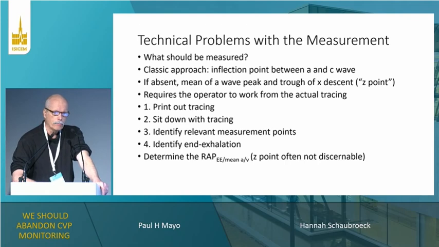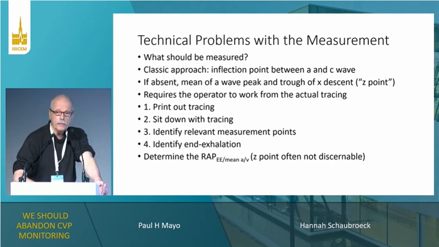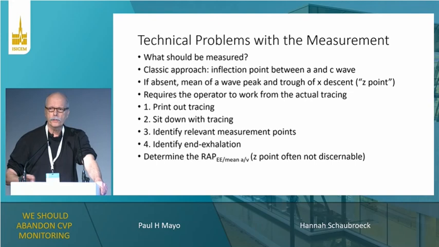This was done by printing out a tracing, sitting down with the tracing, and identifying the relevant measurement point, including end exhalation. The report was required to determine the RAP, end expiratory, mean, AV, but if you could find a Z point, that would suffice as well.